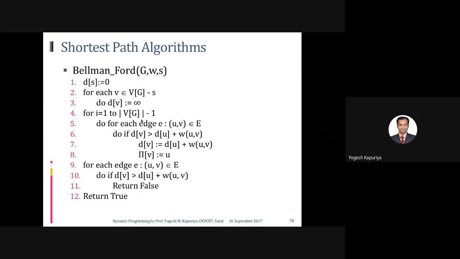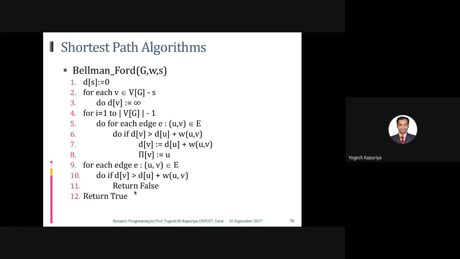Again you will try it one more time. So again you will repeat this loop inside, after this for loop. So try one more time, and if relaxation is possible again, then you simply return false. False indicates that there is a negative weight cycle in the graph, so a solution is not possible. And during this for loop, if relaxation is not possible, then you return true.